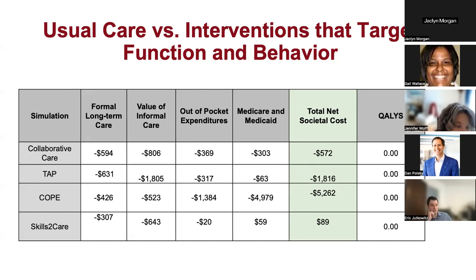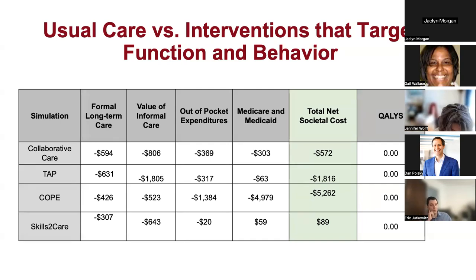COPE had the largest cost savings of around $5,200. And that's in part because COPE also provided data on the Medicare cost savings, which we were able to incorporate, and that contributed to a large benefit. Skills to Care was the only intervention that resulted in a net increase in cost. It was a small net increase, but a net increase nonetheless.